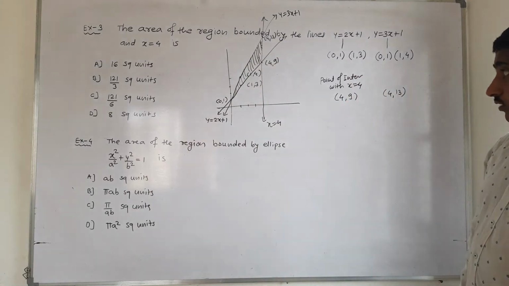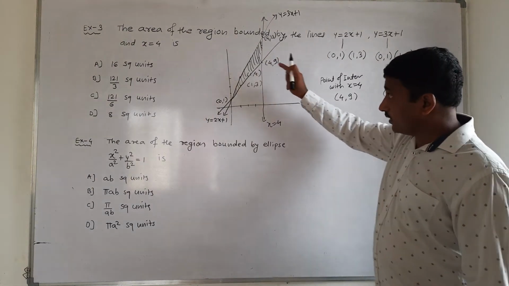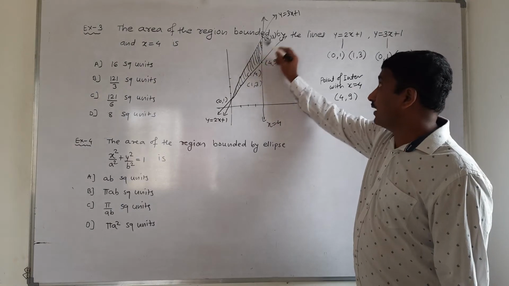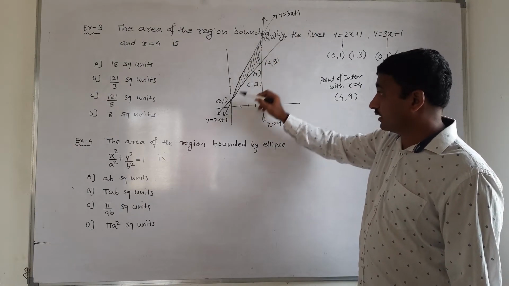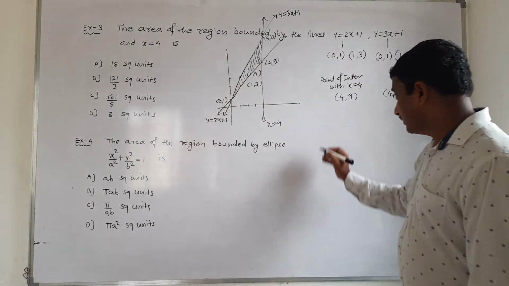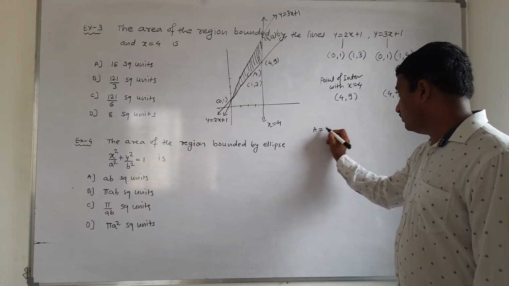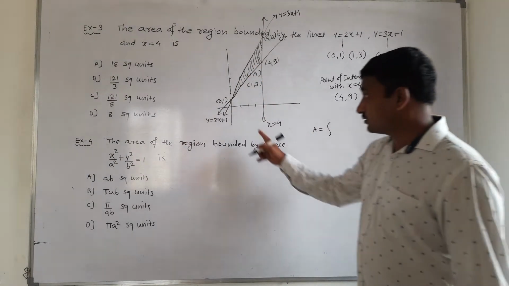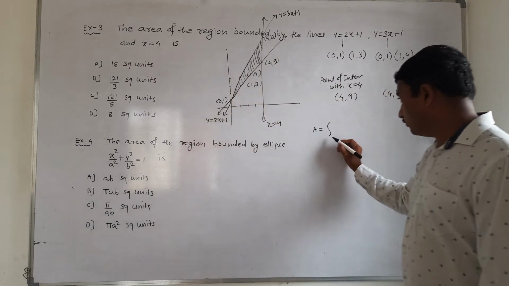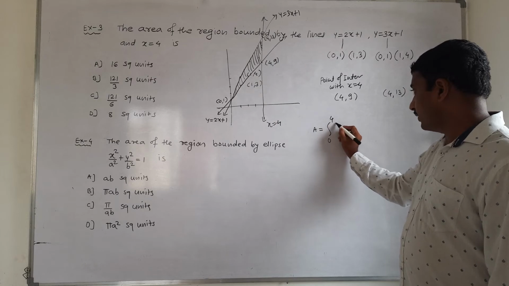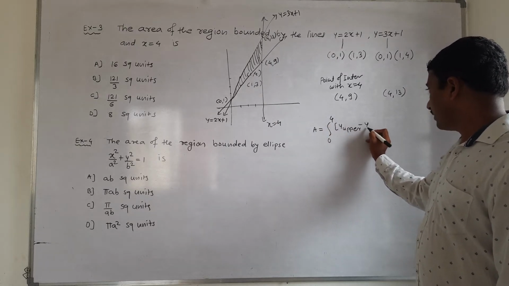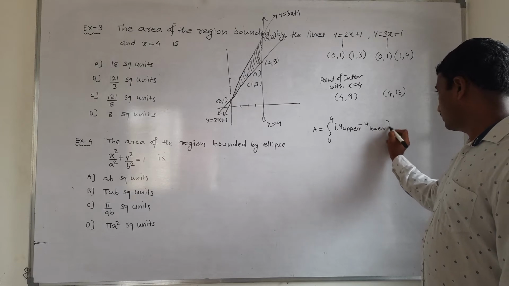Now we want to find the area between the curves. The first curve is y is equal to 3x plus 1, that is a line, and the second is y is equal to 2x plus 1, a line. So the required area is equal to the integration, x varies from 0 to 4, of y upper minus y lower dx.